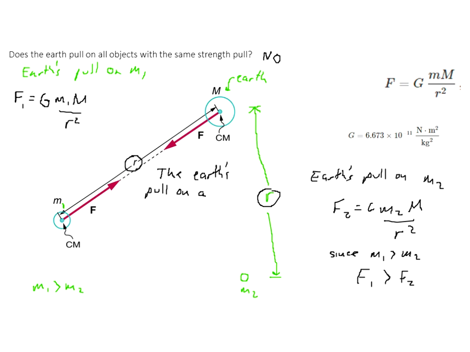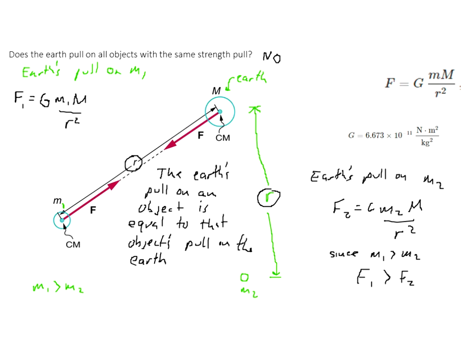The Earth's pull on an object is equal to the object's pull on the Earth.